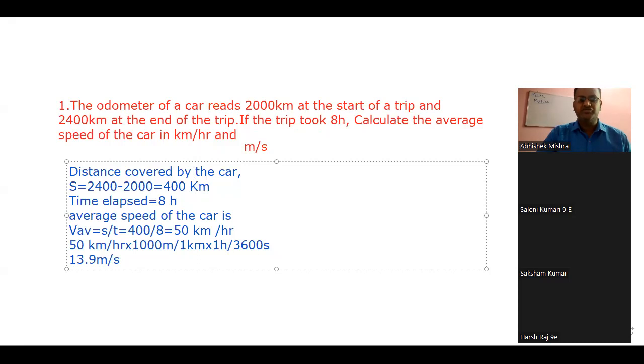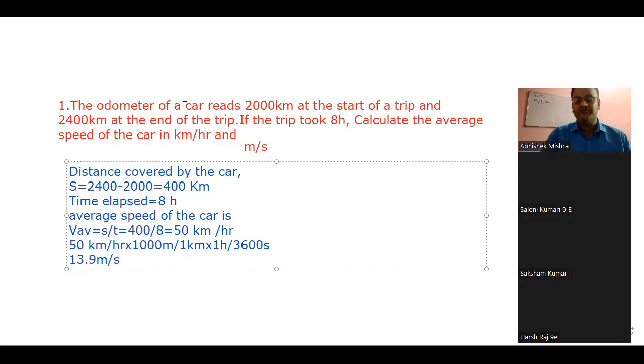Okay, yes, Jyoti. I will repeat the question. The odometer of the car before the start of the journey indicated 2000 kilometer, and at the end of the trip, it indicated 2400 kilometer. The time lapse of the trip is 8 hours. What is the average speed? The average speed is the distance covered divided by the time. The distance covered is 400 kilometer, divided by 8 hours, so it becomes 50 kilometer per hour.